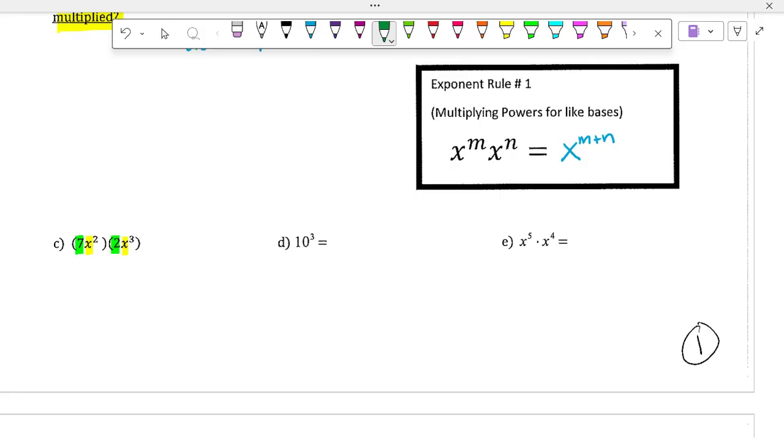They don't think that the 7 and 2 are coefficients anymore. They think of them as exponents. So in reality, this is the exact same as 7 times 2 times x squared times x cubed. So you would multiply the 7 and 2 like normal. 7 times 2 is 14, and then we get x raised to the 2 plus 3. So this would be 14x to the 5th.